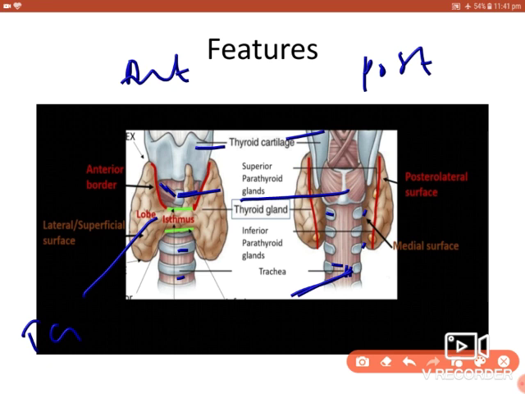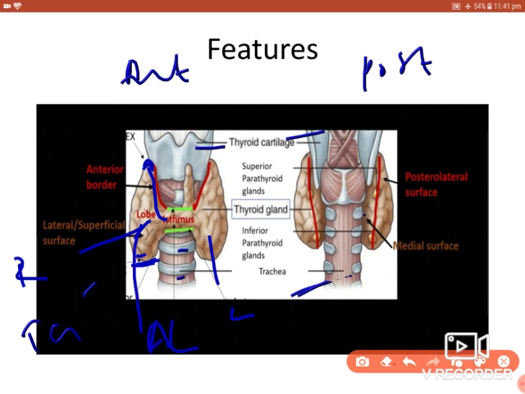Then coming to its external features, here are the lobes and the isthmus. See, this is the right lobe, this one is the left lobe. This part is the apex, the pointed one. This part is the base. This is the anterior border. The surface here is the anterolateral surface.